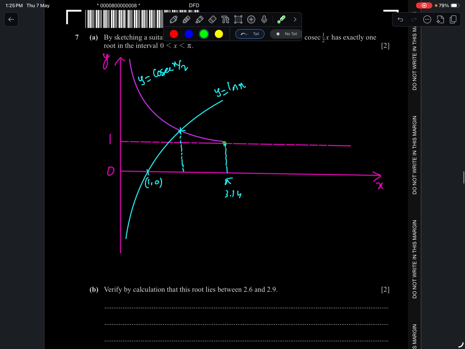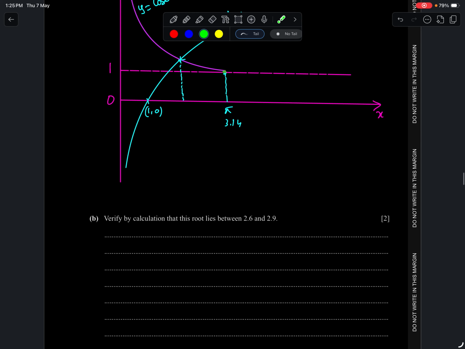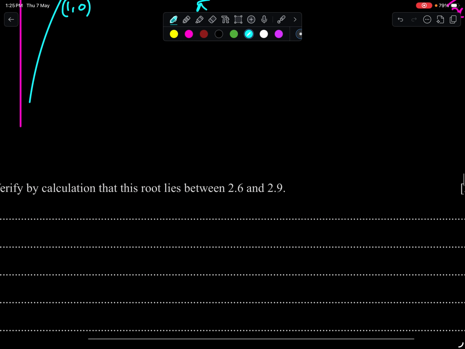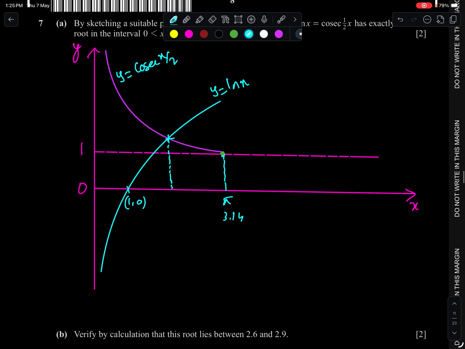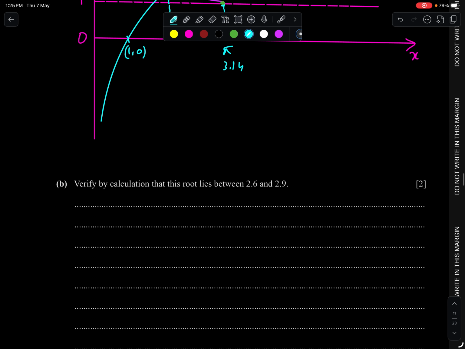All right. Next, verify by calculation that this root lies between 2.6 and 2.9. For that, we need to rearrange this equation and equate to 0. So it's ln x equals cosec x upon 2. So we can write this as ln x equals 1 upon sine x upon 2.